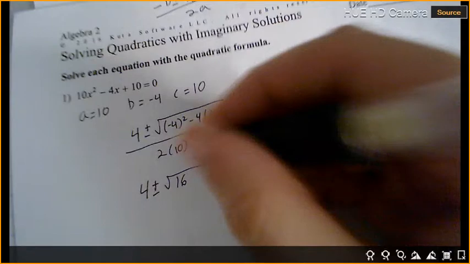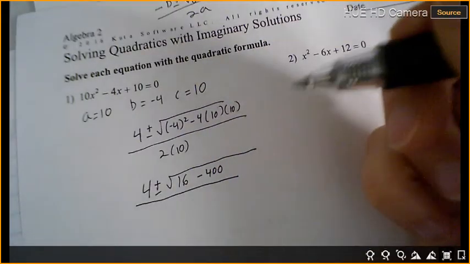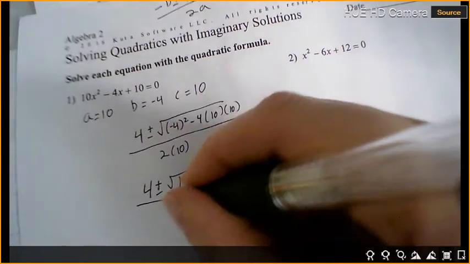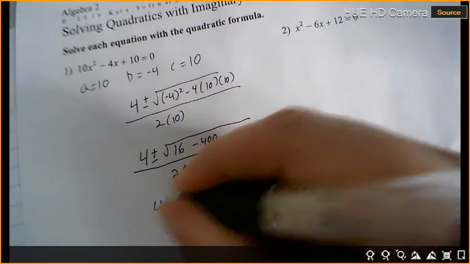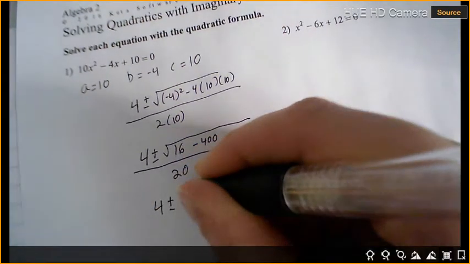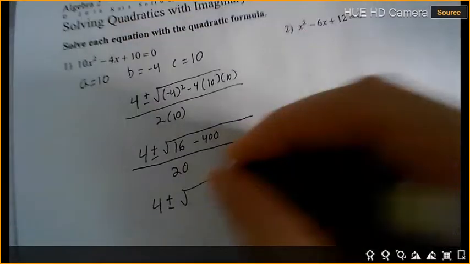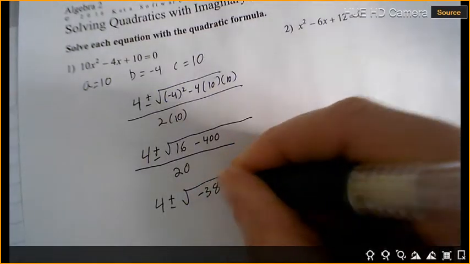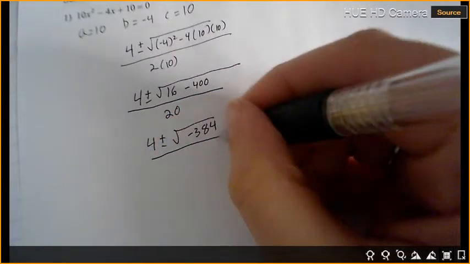So we get minus 400 all over what's 2 times 10? 20. Okay. What is 16 minus 400? 384. Is that true? It is. Negative 384 over 20.